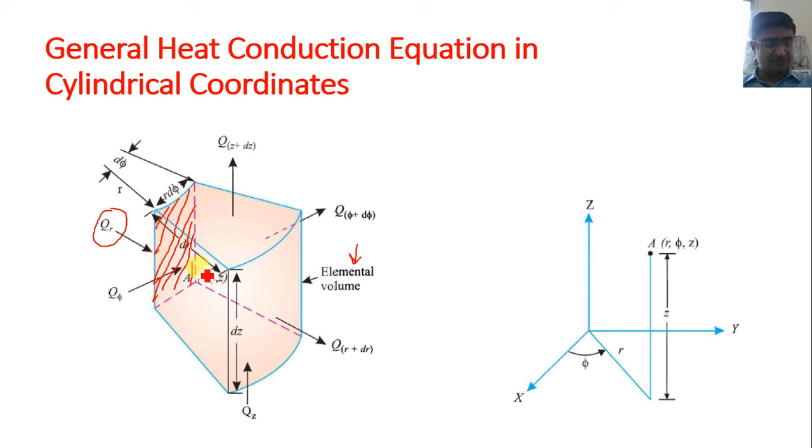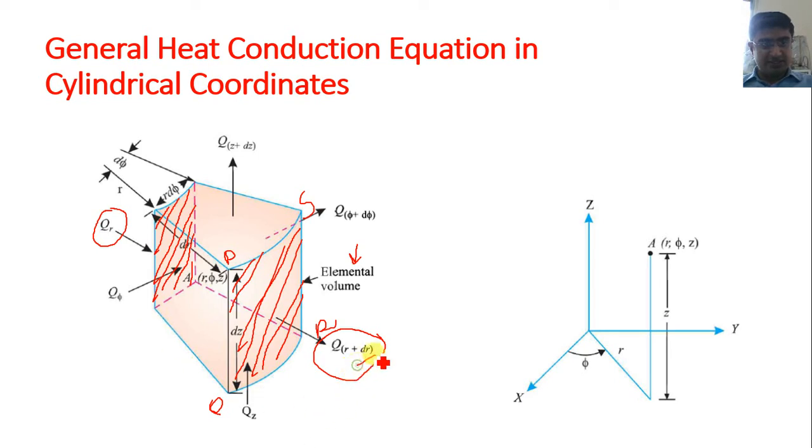And Qr plus dr is the amount of heat coming out from that radial direction surface, say the PQRS surface, within this dr thickness. So here is the dr thickness, or you can say within the material. So here is the heat input in the radial direction, and here is the heat output in the radial direction.